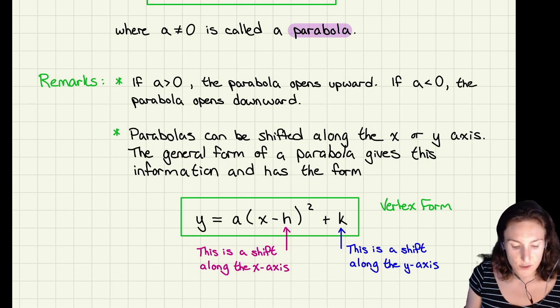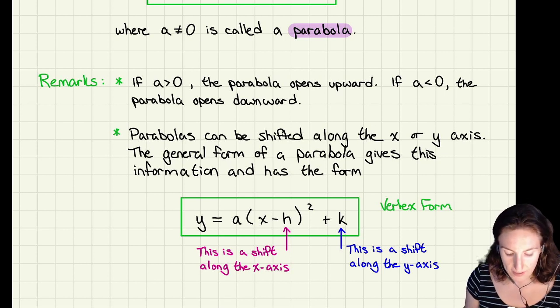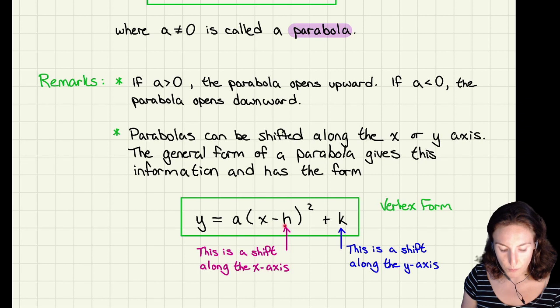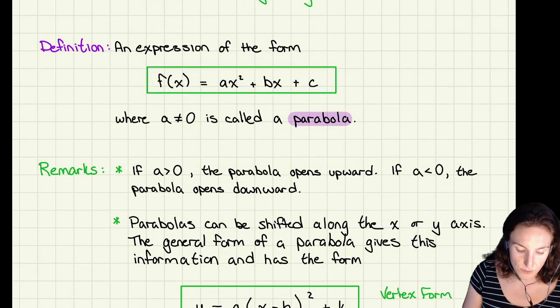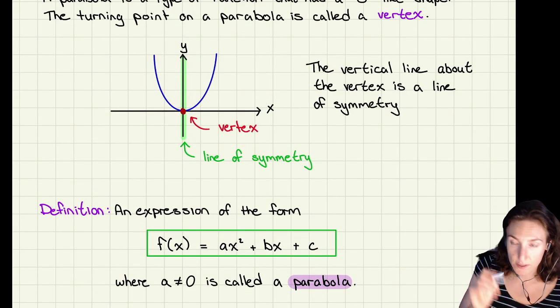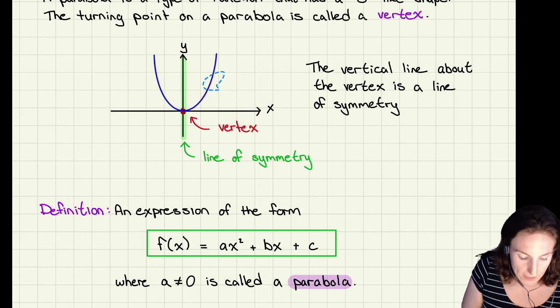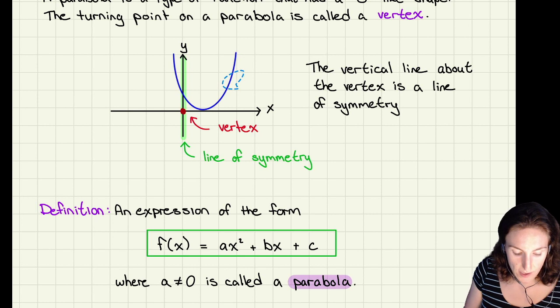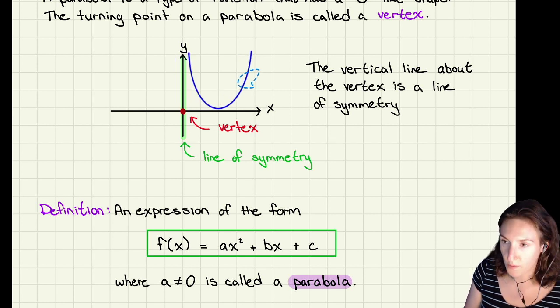And what is that? That is if we write it like this. Parabolas have an x squared in them, but if you move in the x direction, left or right, this will tell you how you're moving. So what this minus h means is, let's say we have x minus 1 all squared. It means that I've shifted it 1 this way. If I've shifted it 2, I'm going to have x minus 2 in brackets and then all squared.